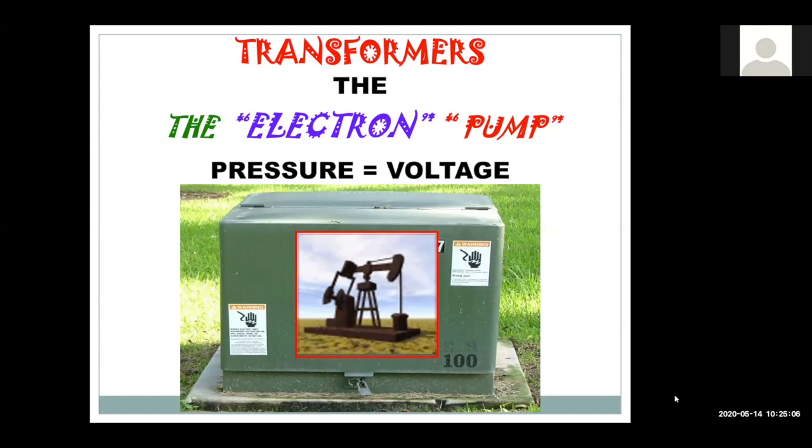So this particular transformer feeds this one house, and out in this subdivision, they just have one transformer per house. A lot of transformers normally feed 4, 5, or 6 houses that you'll find in subdivisions. But out here, it's two houses, each transformer for two houses.